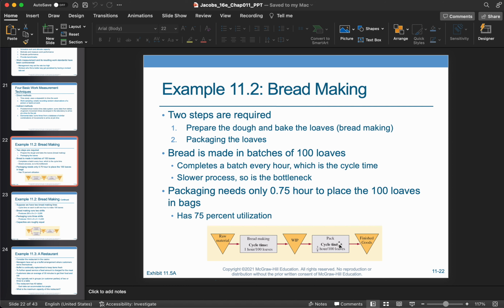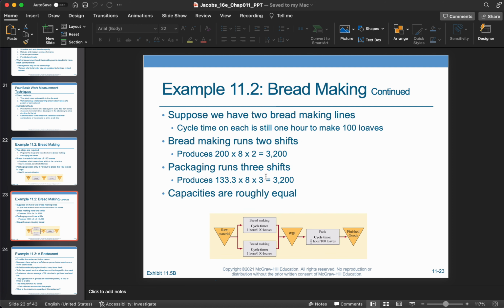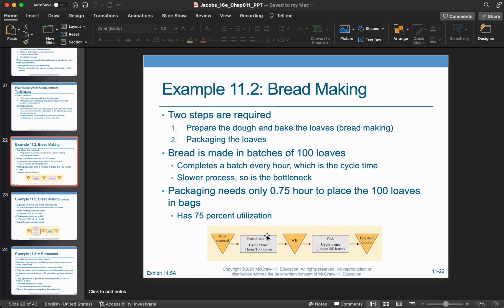So I have a capacity to pack 400 loaves of bread. I'm sorry, 400 times 8. So I'll have capacity to pack 3,200 loaves of bread, but I'll only have a capacity to make 1,600 loaves of bread. So I can pack 3,200 loaves of bread, but I can only make 1,600 loaves of bread if I ran the same 2 and 3 shifts with a single machine.